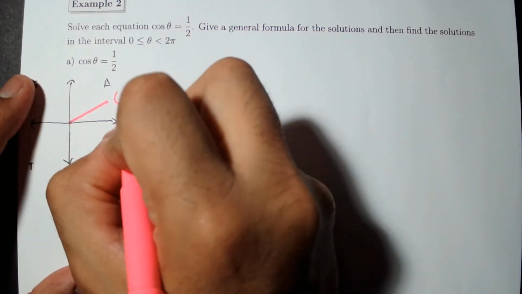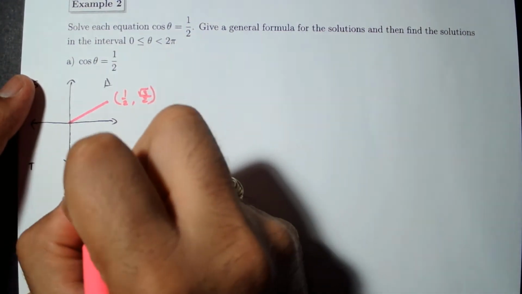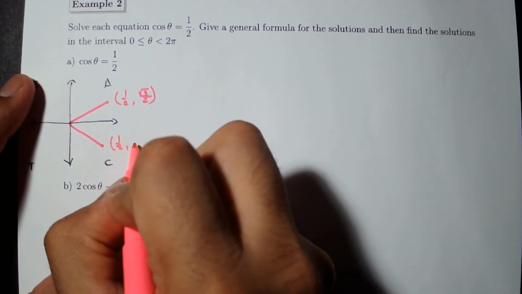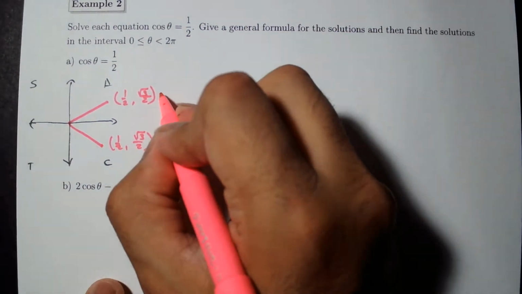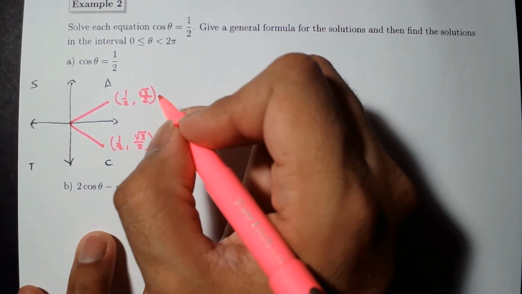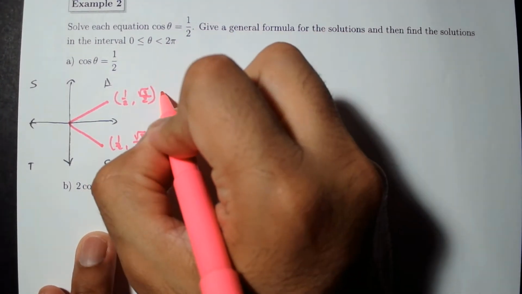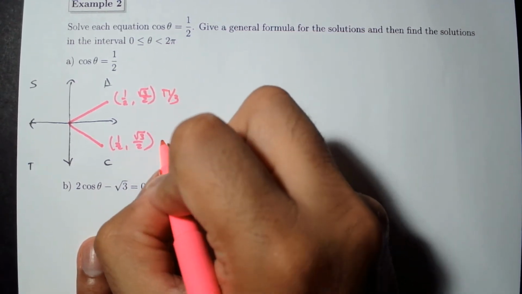Cosine is related to the x coordinate, and also over here, 1/2, comma, root of 3 over 2. The related angles in this case are pi over 3 and 5 pi over 3.